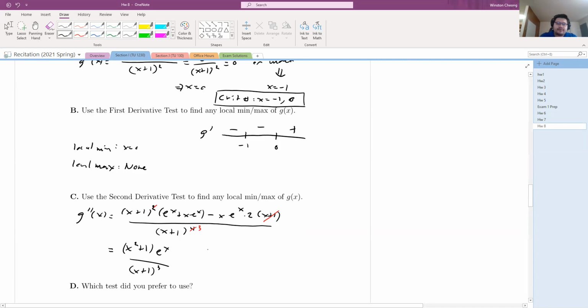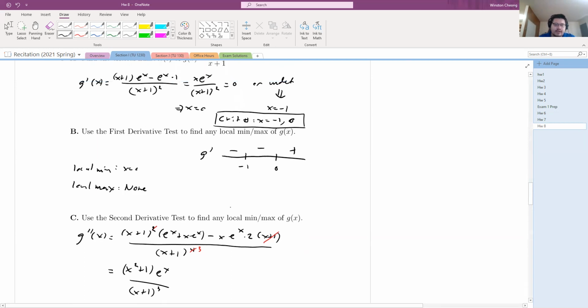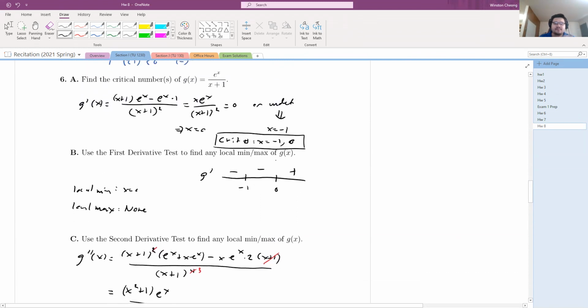But remember, with the second derivative test, we're not setting equal to 0 and solving for this guy. We're not doing a number line either. What we're doing is plugging into the second derivative. So technically you could plug into this first guy, it's just a little bit messy. The thing that we need to plug in is the critical numbers that come from setting the first derivative equal to 0.